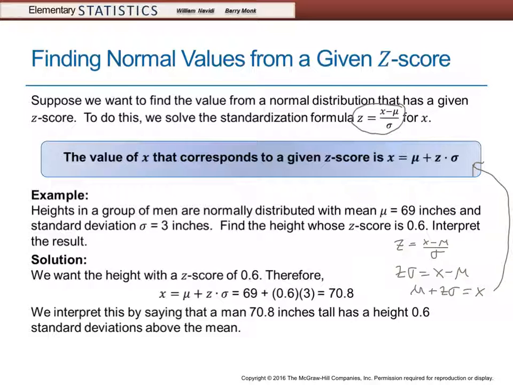Therefore, when we put it into the formula that we just derived, we get 69 plus 0.6 times 3, and we get 70.8 inches. So our interpretation is that a man who is 70.8 inches tall is 0.6 standard deviations above the mean under the standard normal curve.